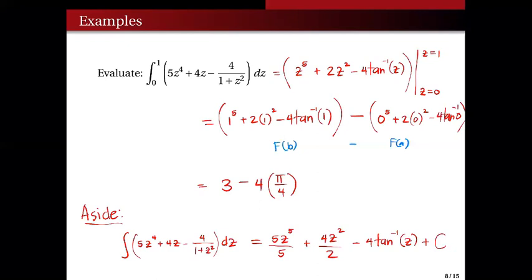And then minus, of course, you have your 0. Tangent inverse of 0, that's also 0. So you just have minus 0 here. So if you try to simplify this, this is just 3 minus pi. So this is the final answer.